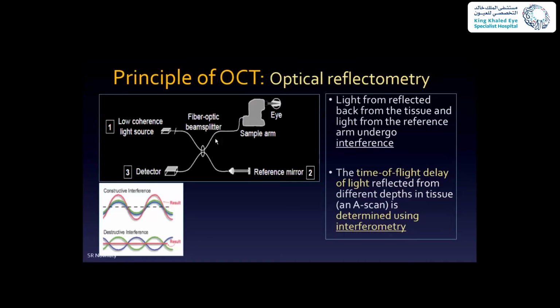So when it comes back to us, it's going to go through a beam splitter. The beam splitter is going to basically send the light back to a detector, and it's the difference of the speed of light from the mirror and these tissues that we image that is going to give us the image of the retina, and this is by interferometry.